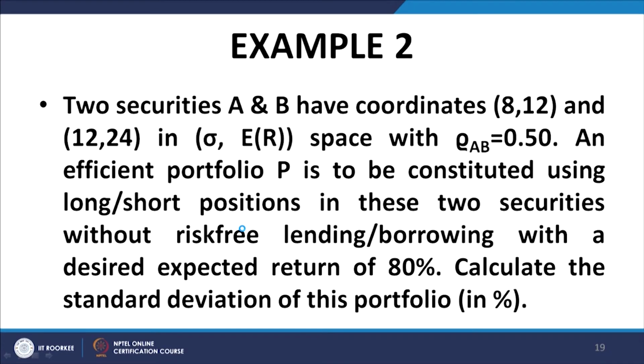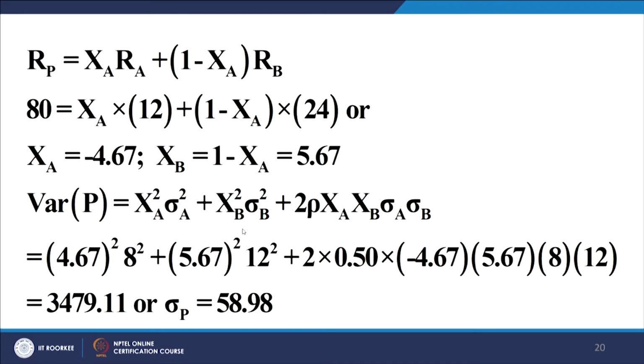Please don't get disturbed by this 80%. I have put in this figure specially to highlight certain things, as an exorbitant rate of return, but this conveys a message which I shall tell you. Calculate the standard deviation of this portfolio in percentage.